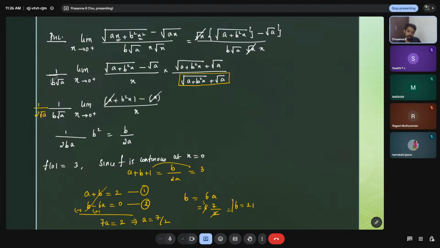So b is 12 by 7. Right? So we'll move on to third problem.